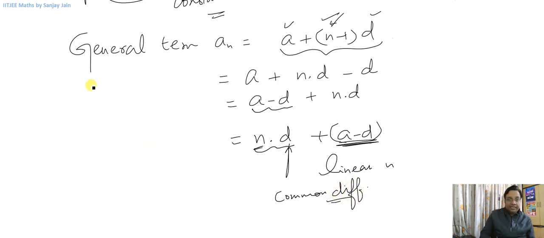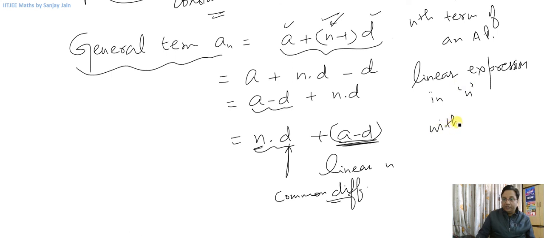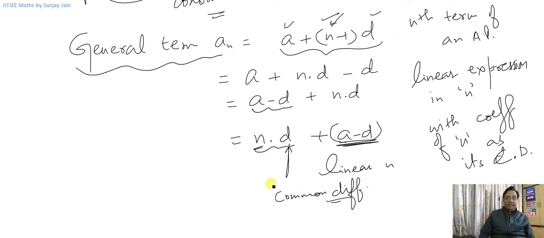So can I say about the general term of an AP that it is a linear expression in n? The nth term of an AP is a linear expression in n with coefficient of n as its common difference, right?